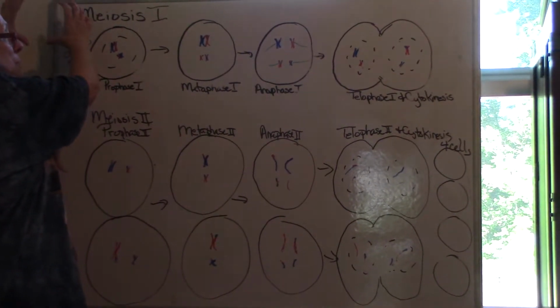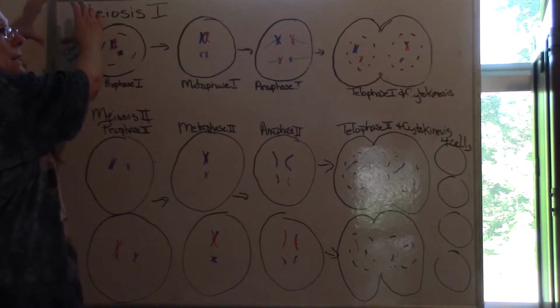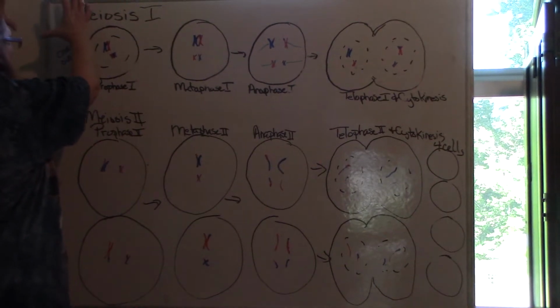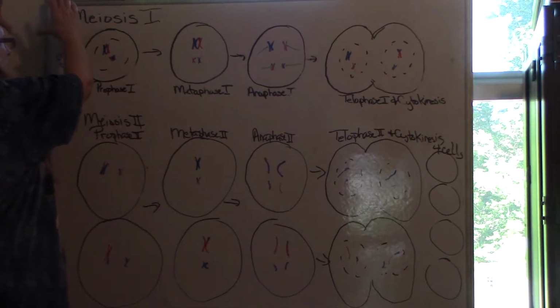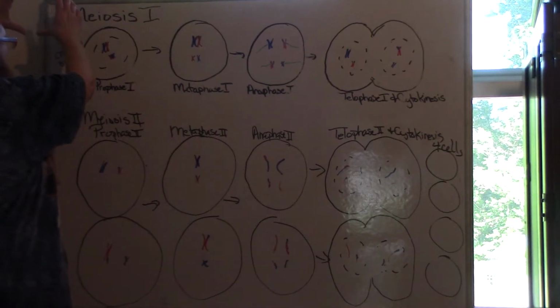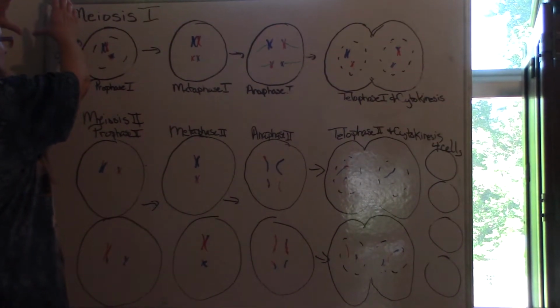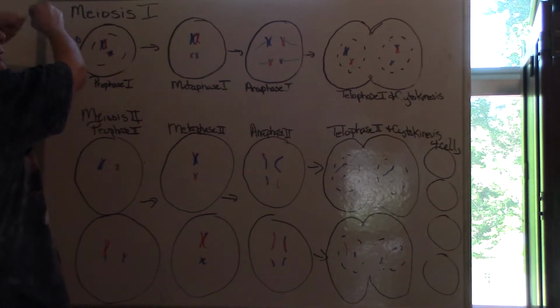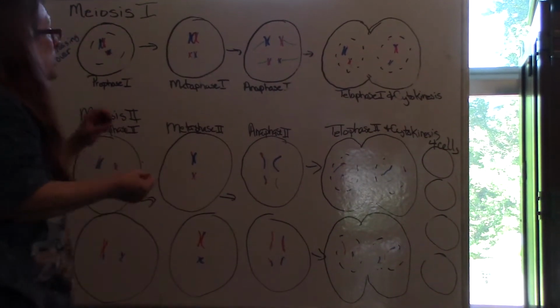All right, now I want you to look at this, and with the exception of a cell right here that's called a spermatogonium, think of spermatogenesis. So we've got this cell here. It is diploid. It divides by mitosis and produces more spermatogonia.